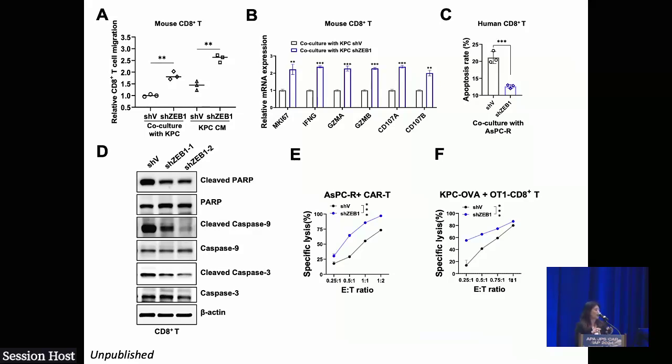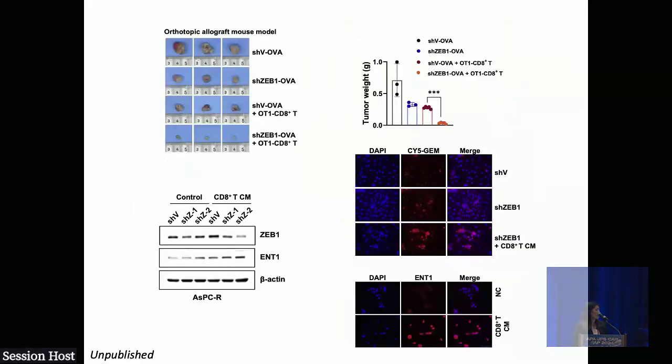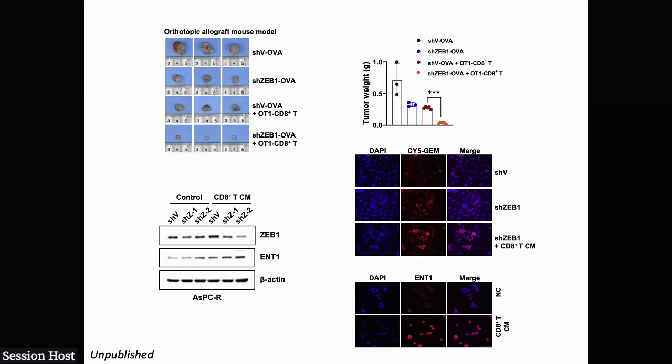And we found knocking down ZEP1 increased the cytotoxicity of the CD8 T cells. And next, we did some in vivo study to verify our findings. We combined ZEP1 knockdown with treatment with OT1 CD8 T cells through IV. And we found it significantly inhibited the tumor growth and increased the gemcitabine response.